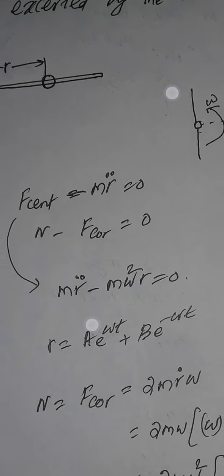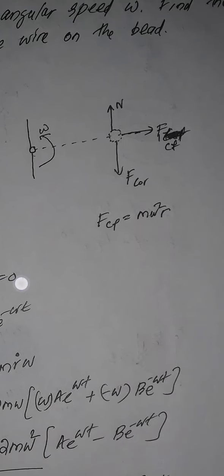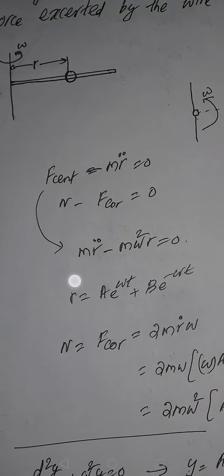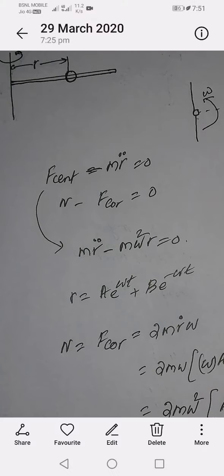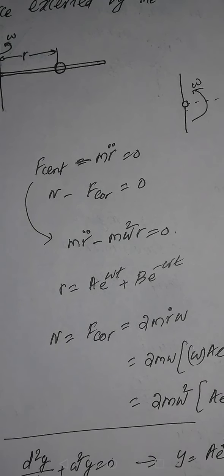If you take the first equation, F centrifugal is equal to m omega square r. Therefore m omega square r minus m r double dot is equal to 0. Multiplying by minus, it is m r double dot minus m omega square r equal to 0. You can cancel the m, so it is r double dot minus omega square r equal to 0.